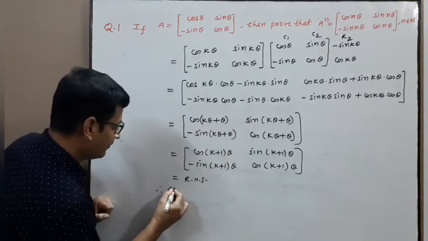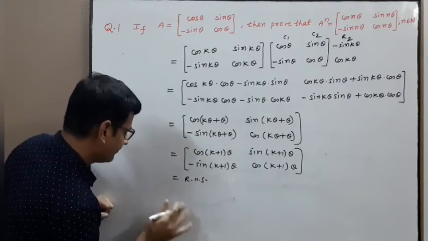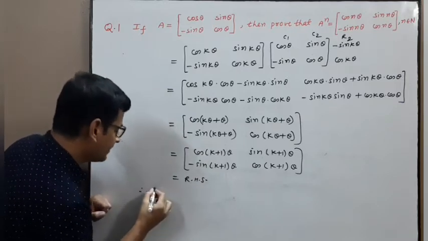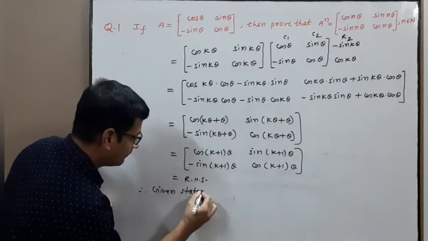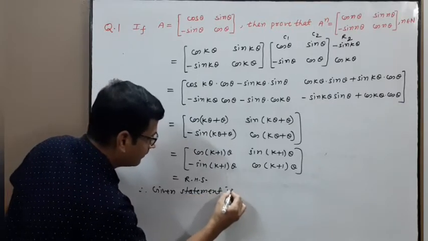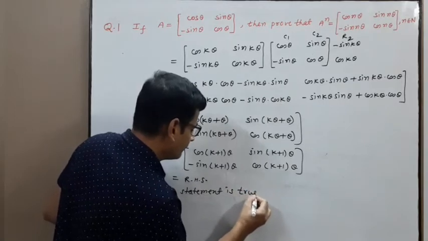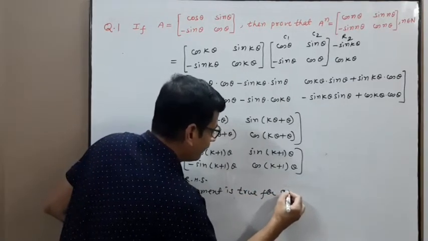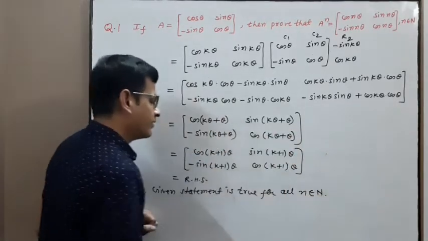Therefore P(k plus 1) is true, therefore the given statement is true for all n belonging to natural numbers.